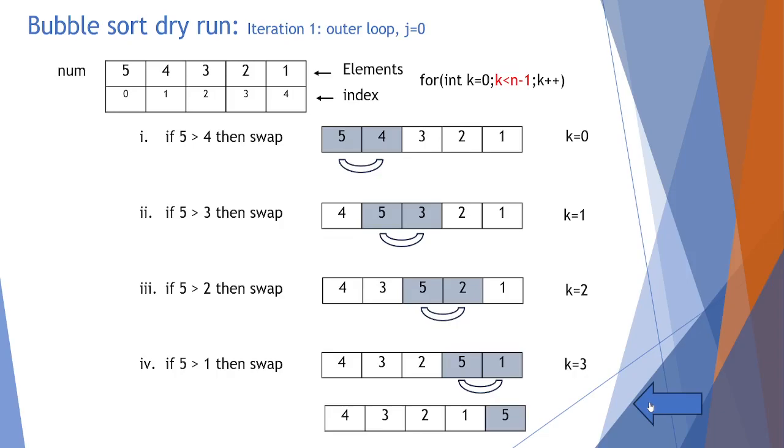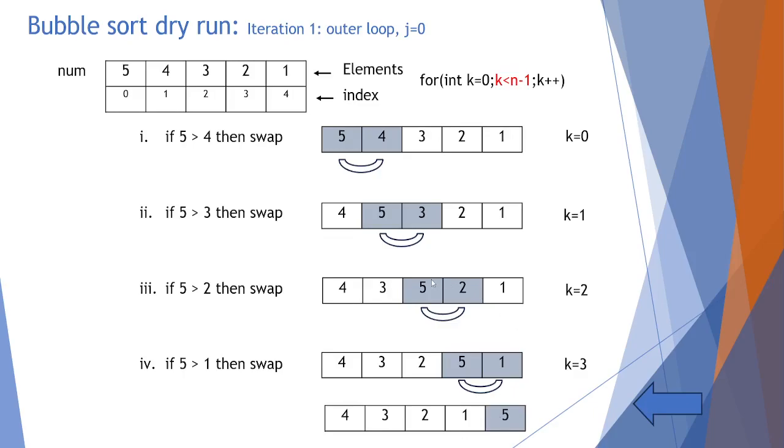Now let's see the iteration 1 of outer loop, that is j is 0. Original array is 5, 4, 3, 2, 1. And for int k is equal to 0, k less than n minus 1, k plus plus is the inner loop. And if num of k greater than num of k plus 1, that is if 5 greater than 4, then swap.